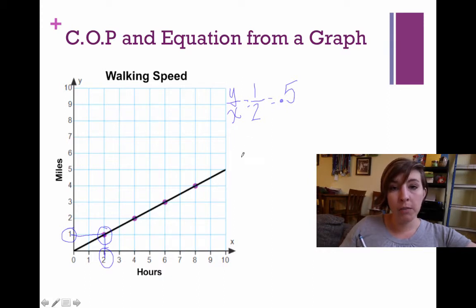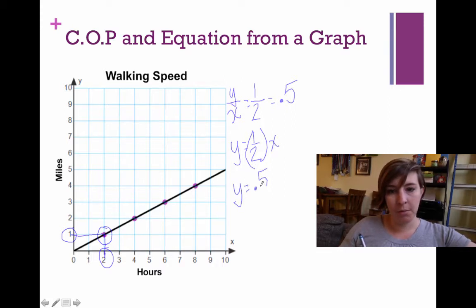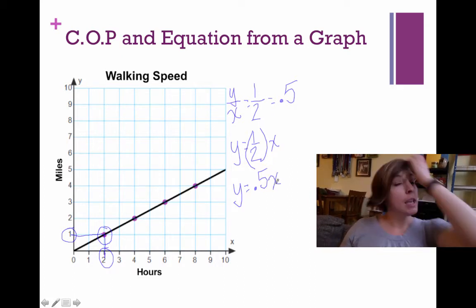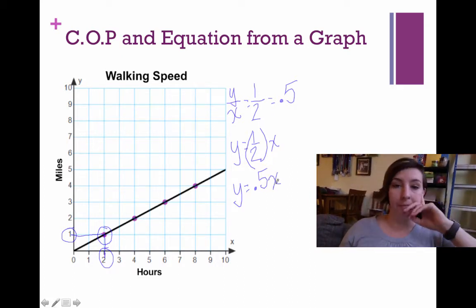So my equation for this proportional line would be y equals 1/2 times x, or y equals 0.5x. Either way, totally fine.